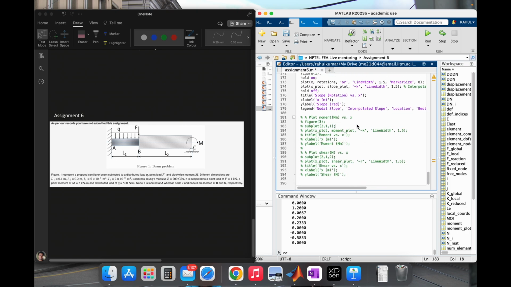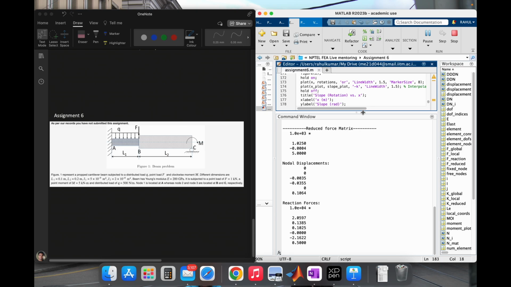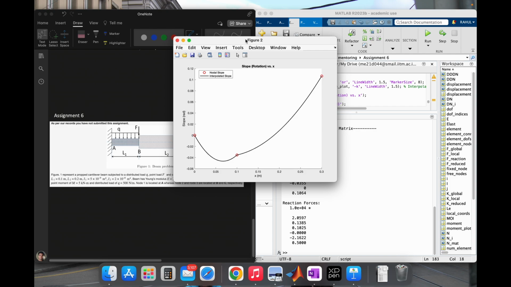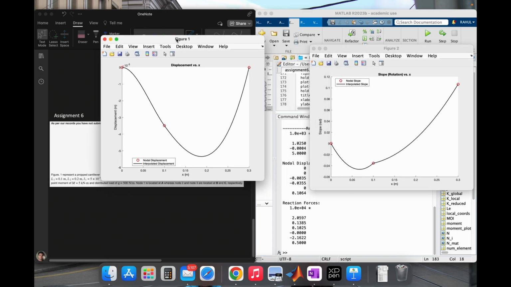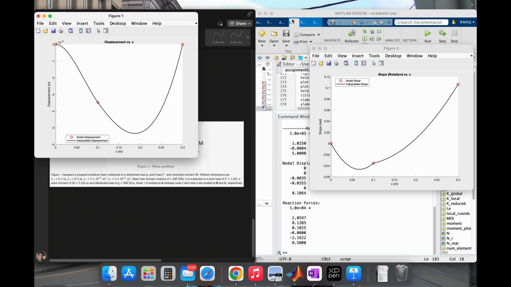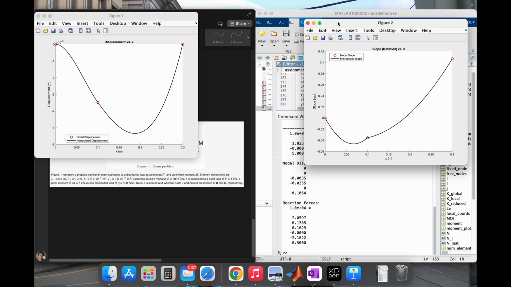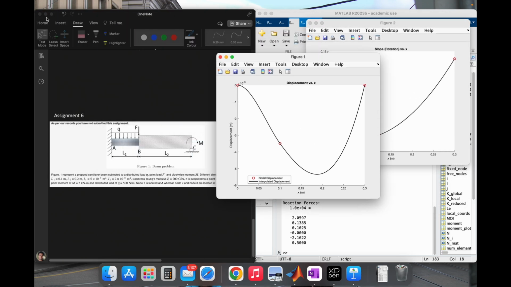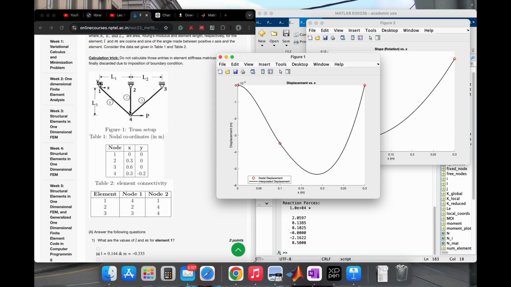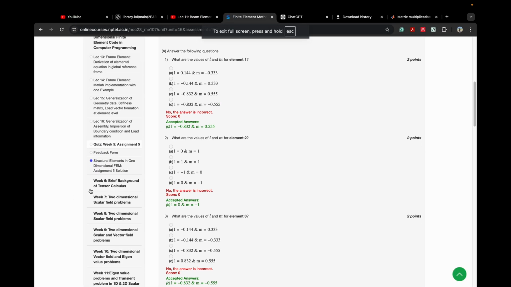Now we will run this code and we will see the results, and we will compare the results which we got.